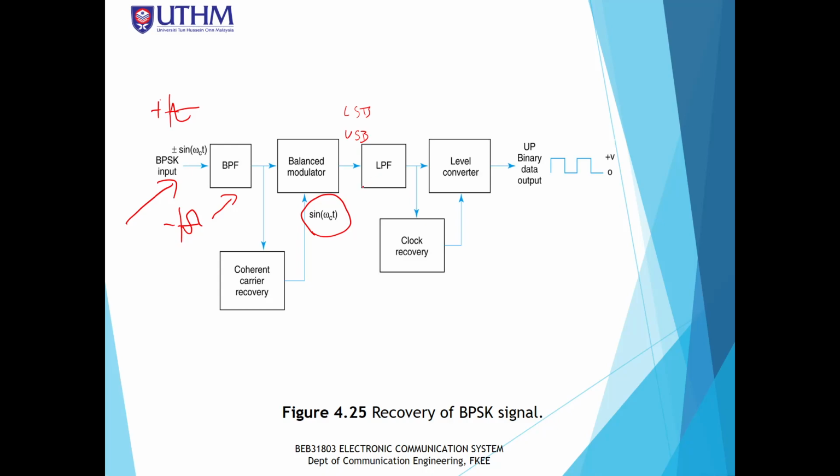Then we put it inside the low pass filter. Since we use a low pass filter, it will select the lower sideband. Then the level converter changes back from bipolar to unipolar. We are doing the reverse process, so we get the unipolar signal at the output.